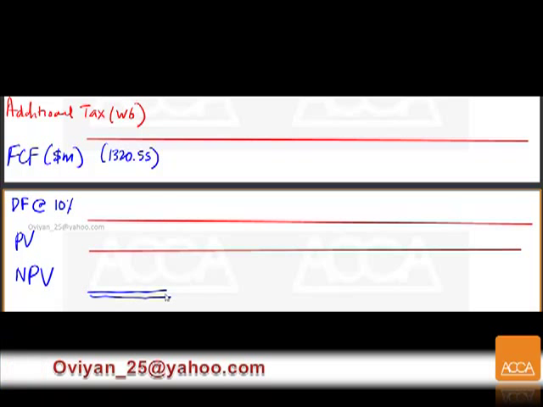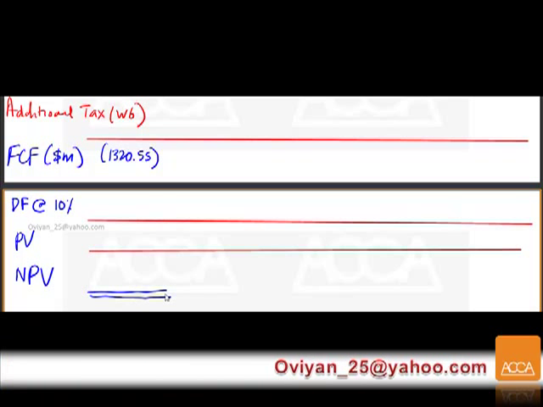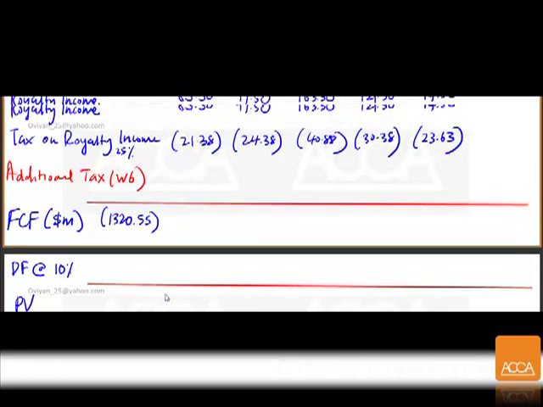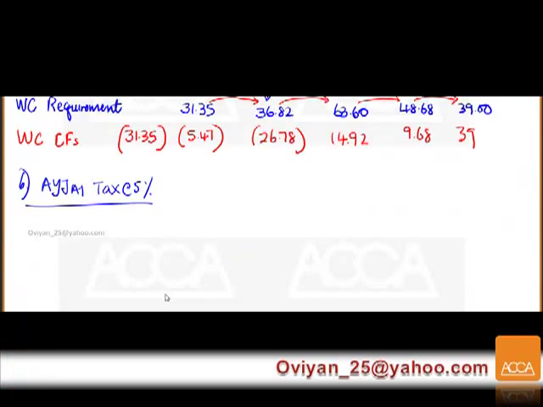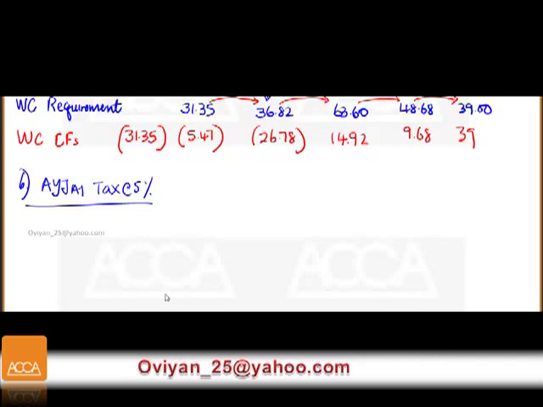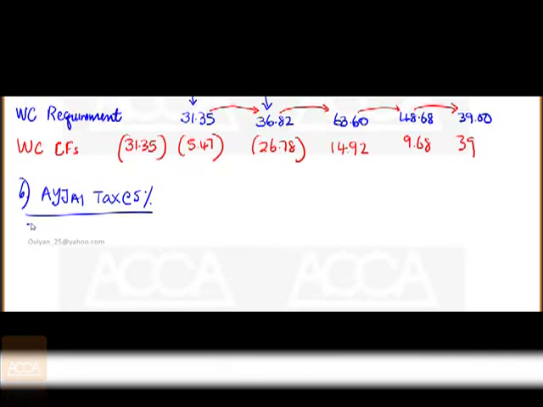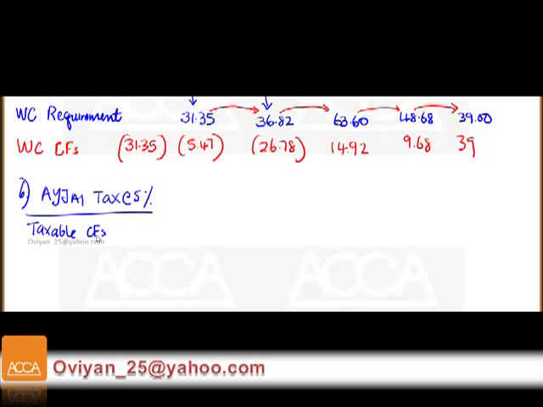Now you've finished most of the marks, most of the parts here, except for additional tax. Okay, let's find additional tax. Now additional tax in Agile is going to be the additional 10%. Now you must know what is your taxable cash flows.